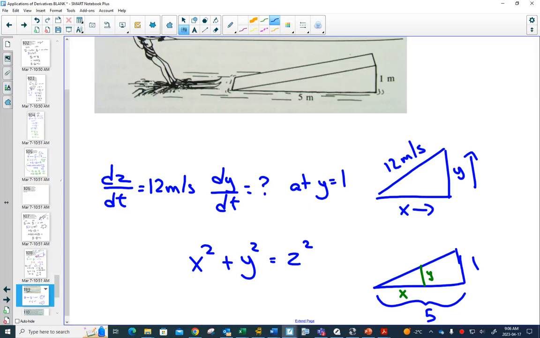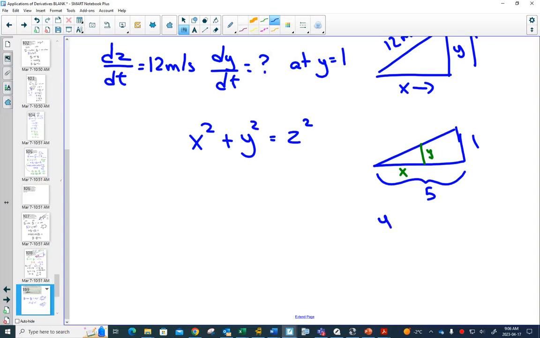The x and the y, wherever they are along that ramp, is a similar triangle to the big one, which has the 1 and the 5. So if we use ratios, we could say that y over x is always 1 over 5.